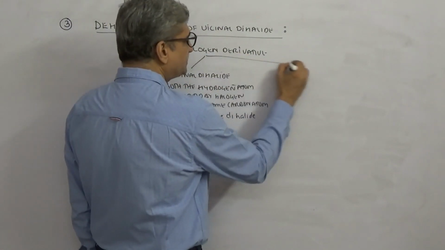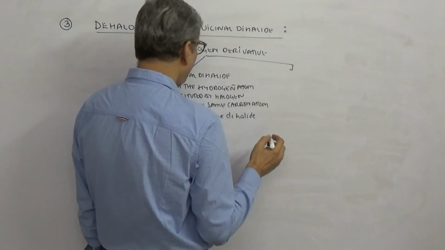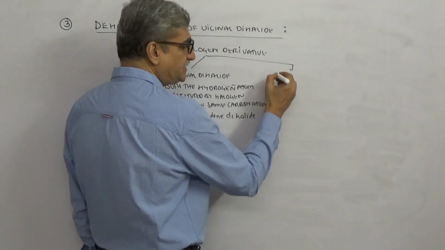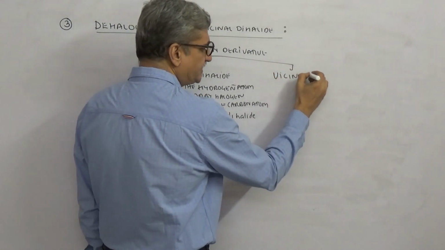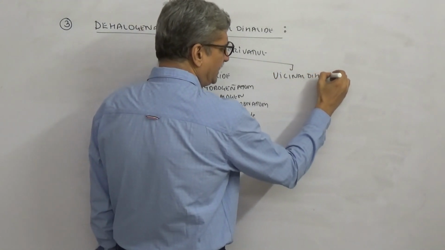Now the other one is when the substituted hydrogen atoms are adjacent to each other; they are called vicinal dihalide.